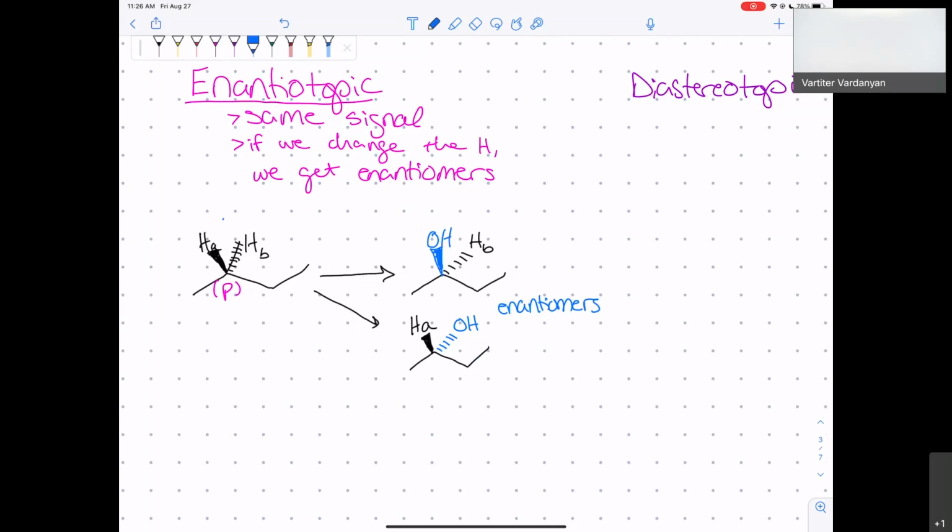Cool. So to recap, does anyone want to tell me what is the criteria to be enantiotopic? Awesome. So you need to have a potential chiral center. Perfect.